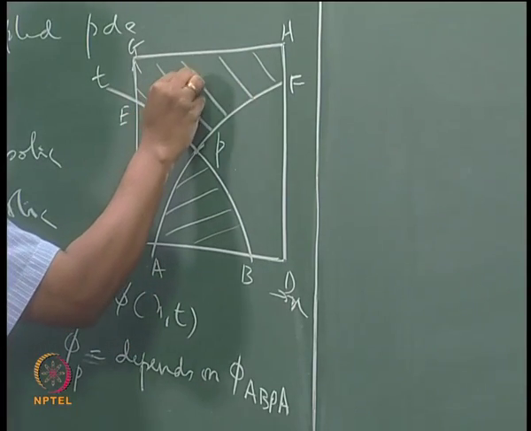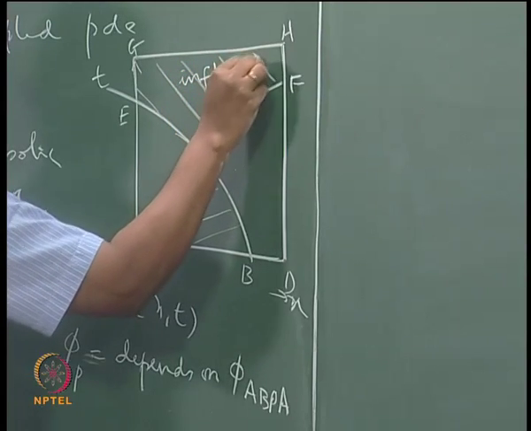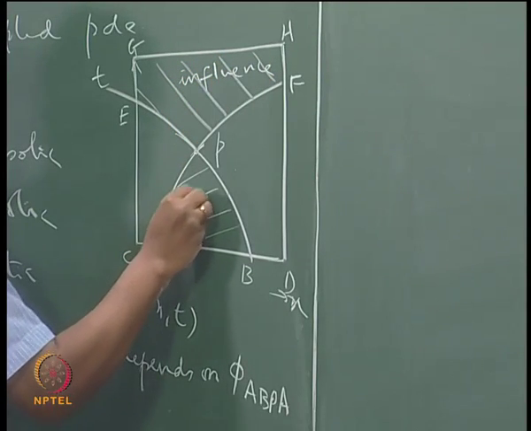So this is the domain of influence and this is the domain of dependence.